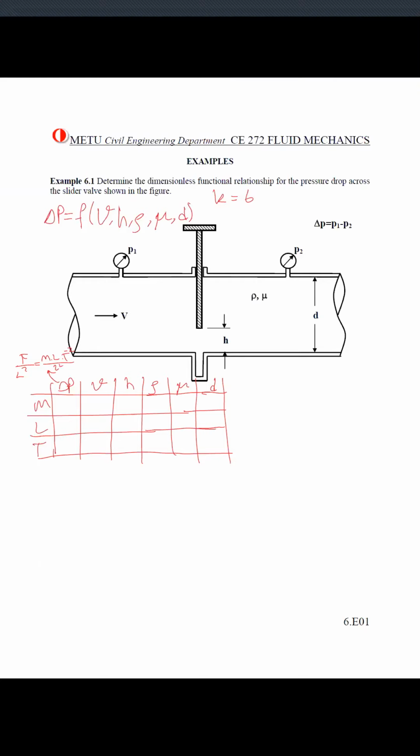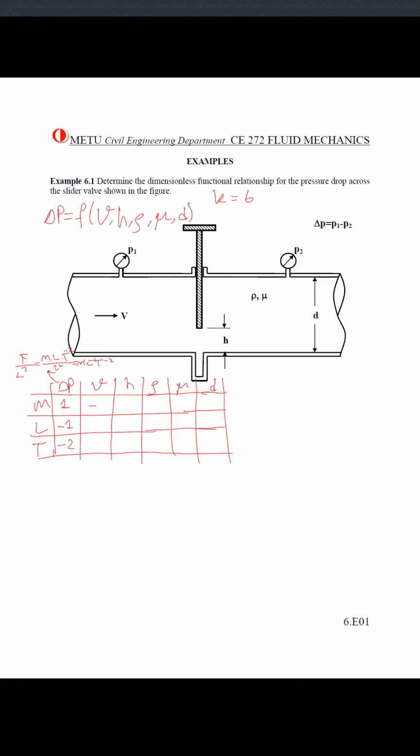So that this is M to the power 1, L to the power minus 1, and T to the power minus 2.